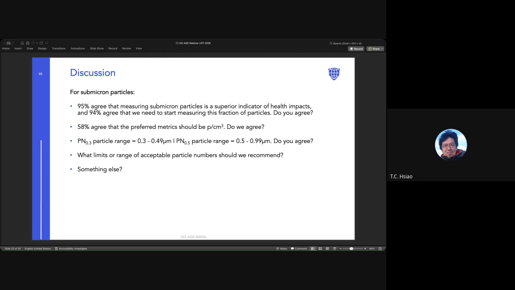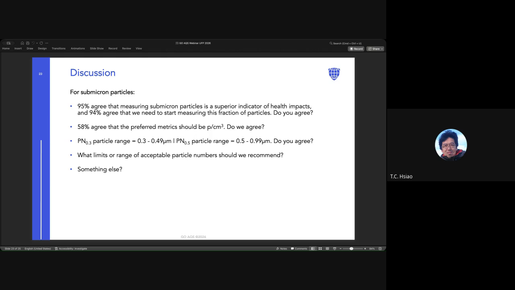And we need to do the measurement, and the difficulty is that particles are quite non-uniform in terms of space and time. So I think that is the difficulty, and that is my comment, my suggestion, my opinion.